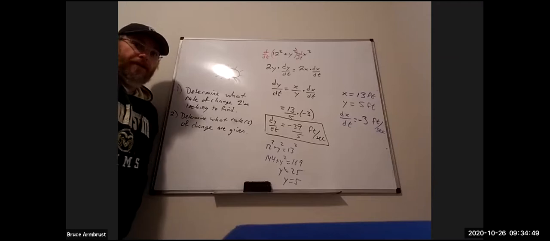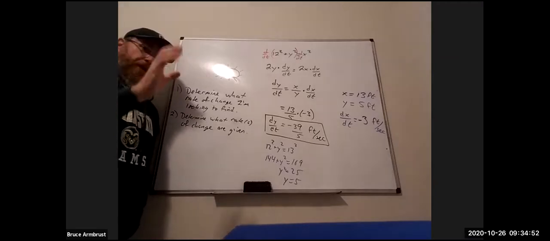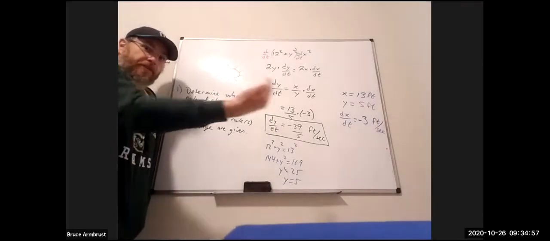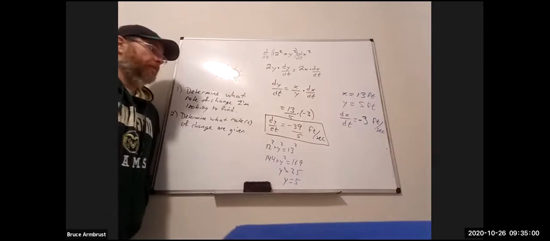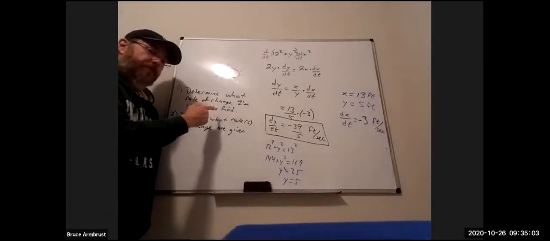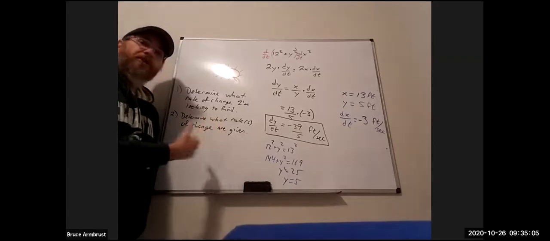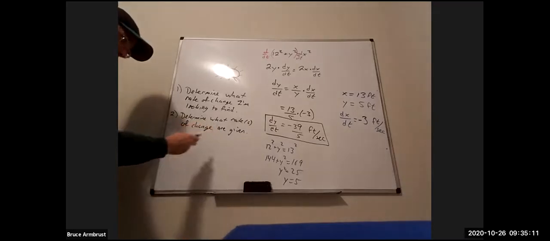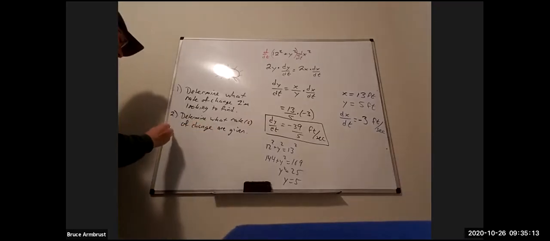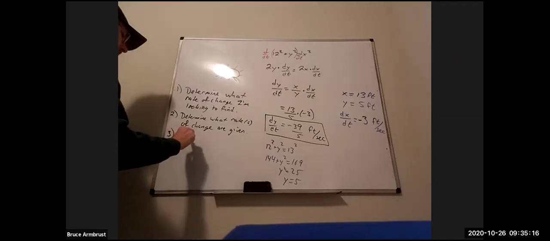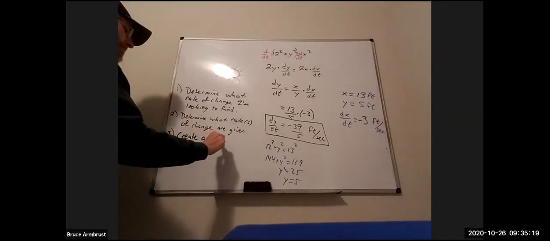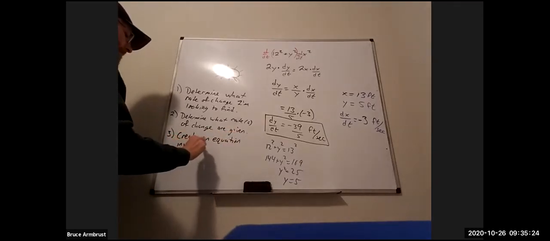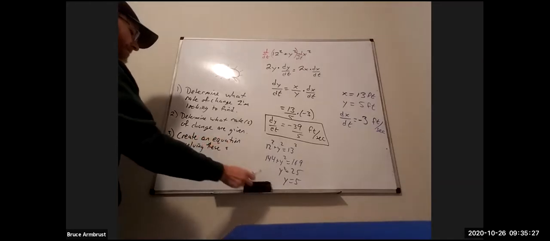For the conical pile, it was the rate of change in the volume, how much was coming off. For the bird, it was the speed of the bird, the rate of change in the distance. Okay. So always determine what rate of change you're trying to find, and then also figure out which ones are given. All right. Then, this is the hard part. You need to create an equation involving these quantities.